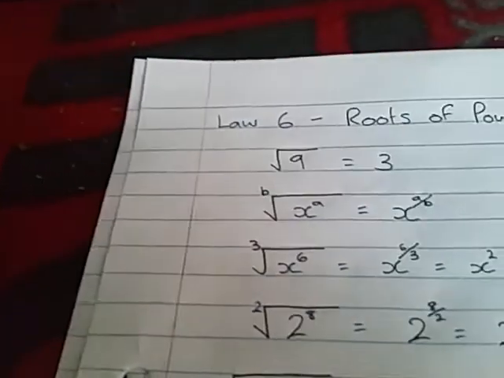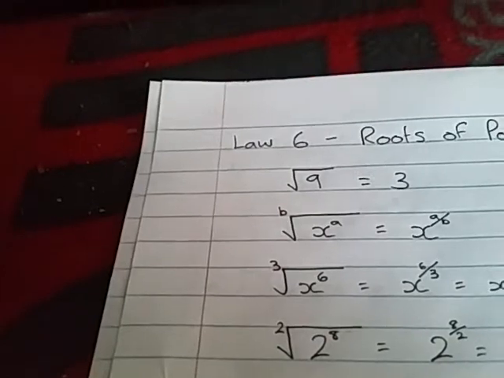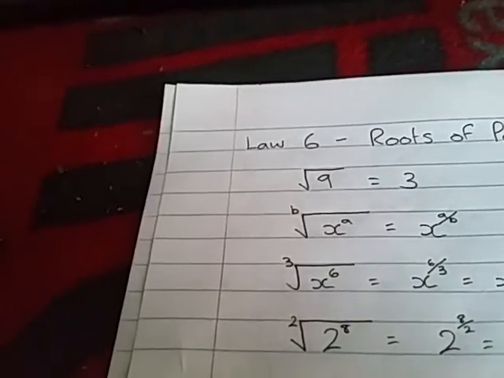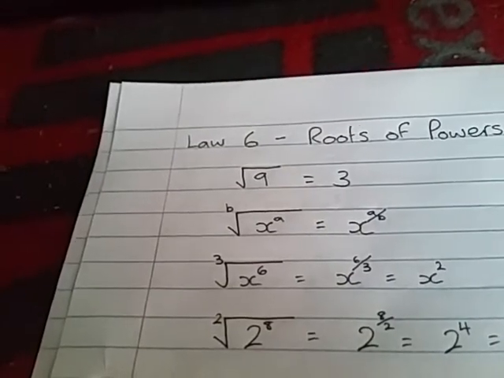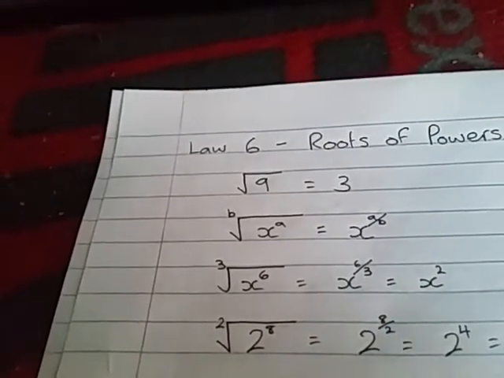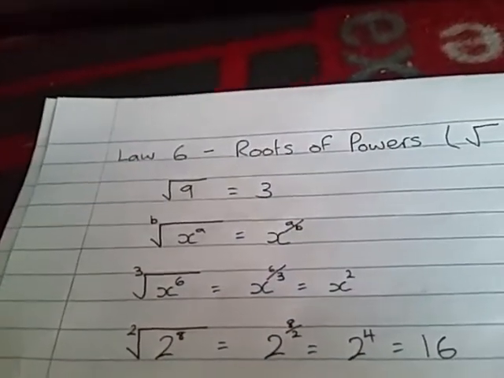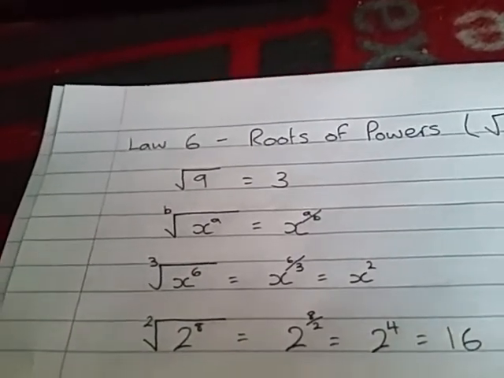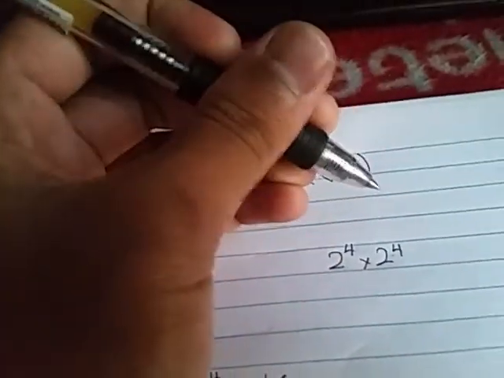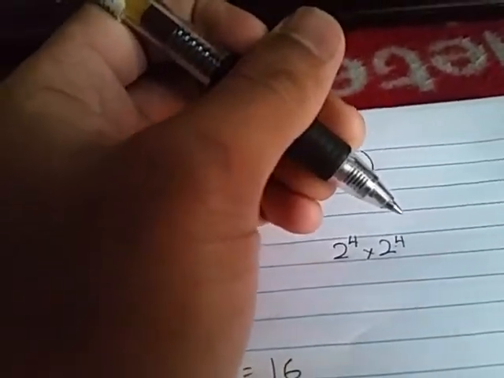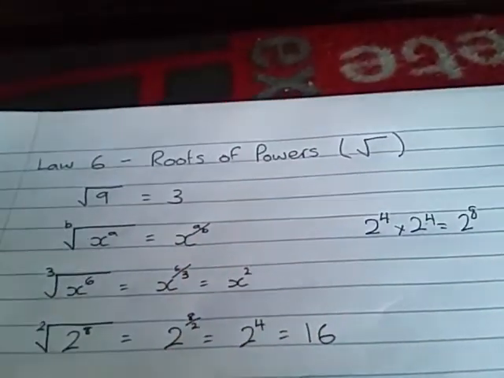And what happens here is that you're going to divide that exponent, 2 to the 8, by 2, giving you an answer of 2 to the 4, which means that equals 16. And if you think about it, 2 to the 4 times 2 to the 4, if you remember your first law of exponents, will give you 2 to the 4 plus 4, which is 8.